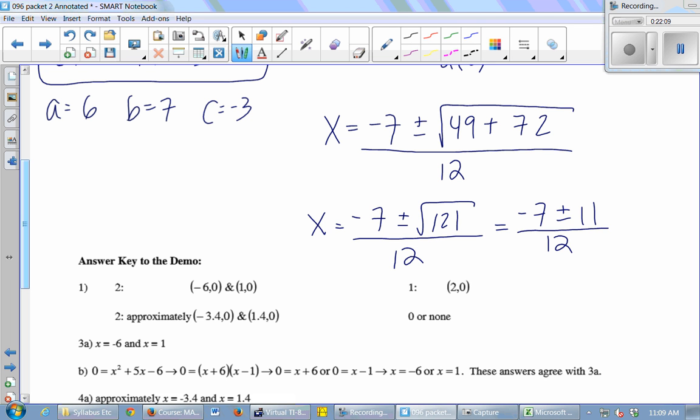So this actually means negative 7 plus 11 over 12, or negative 7 minus 11 over 12. And then I can calculate these, right? 11 minus 7 is 4, and 4 over 12 is 1/3. And then negative 7 minus 11 is negative 18. Negative 18 over 12, which is negative 3/2.